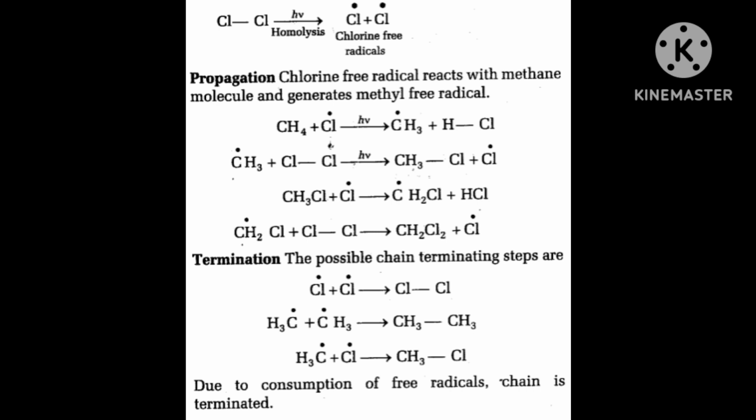The Cl-Cl bond breaks, and in presence of sunlight both take one electron each. Both Cl have one electron. That is called a chlorine radical.